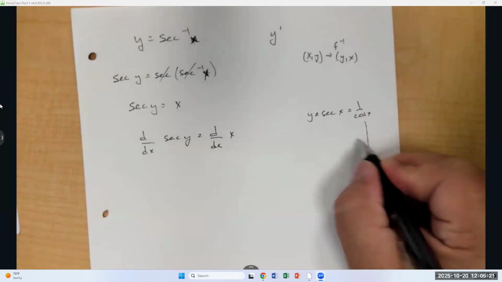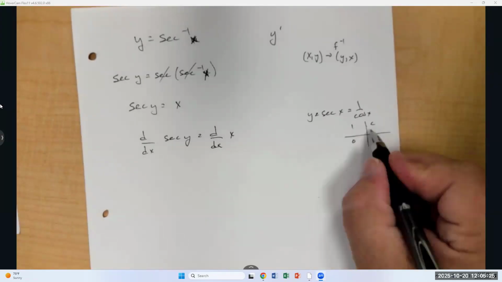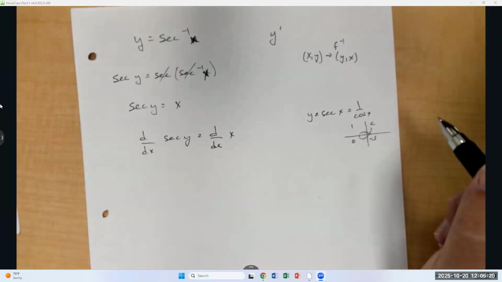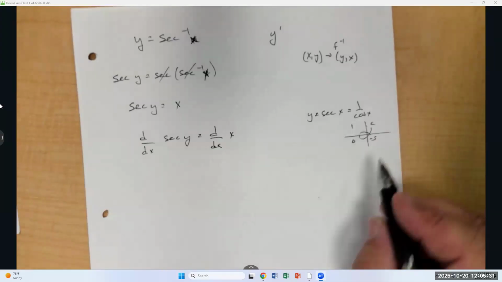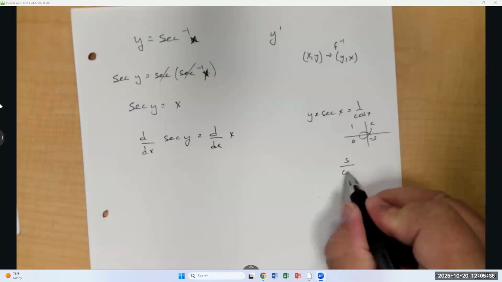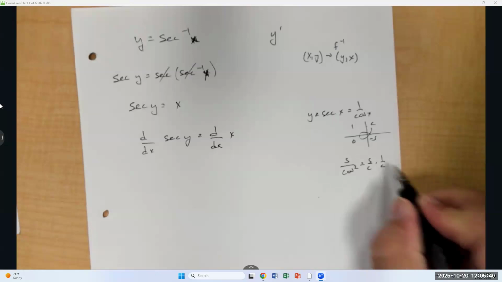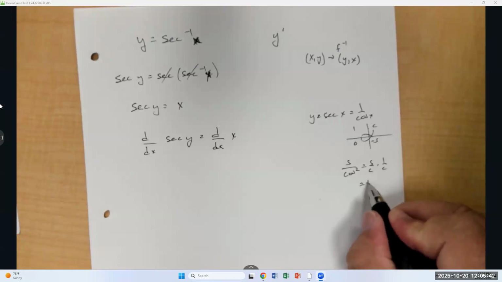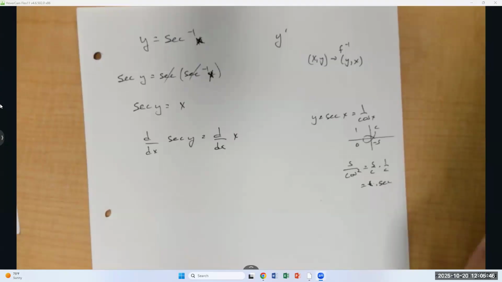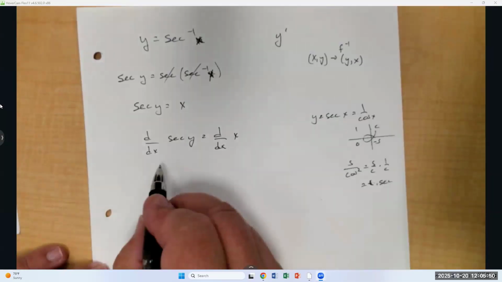So we'd have to use the quotient rule for 1 over cosine, which would give us sine over cosine squared, which is sine over cosine times 1 over cosine, which is tangent times secant. So the derivative of secant is secant tangent.